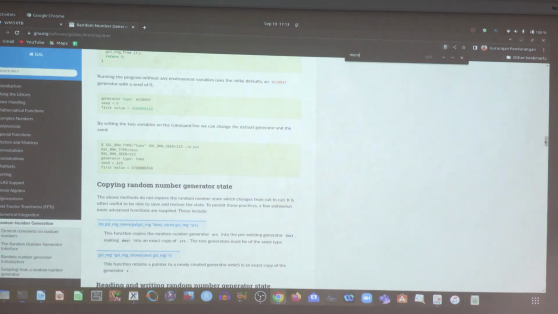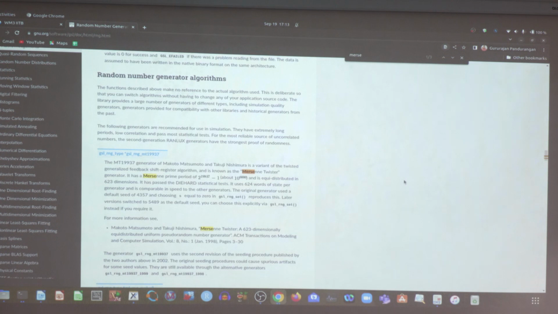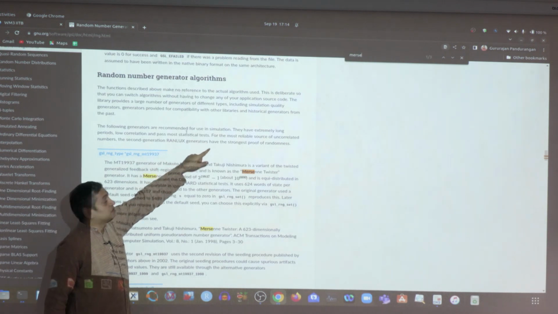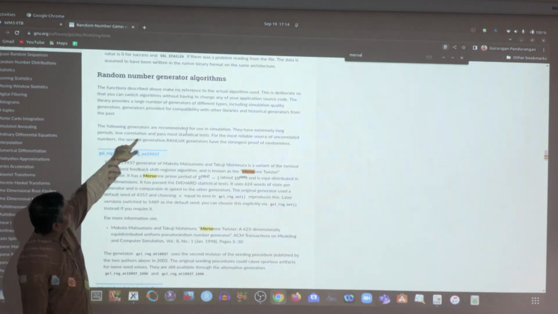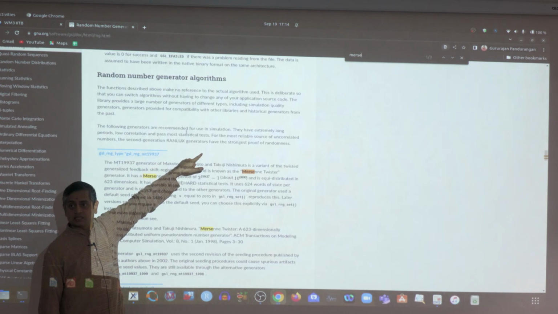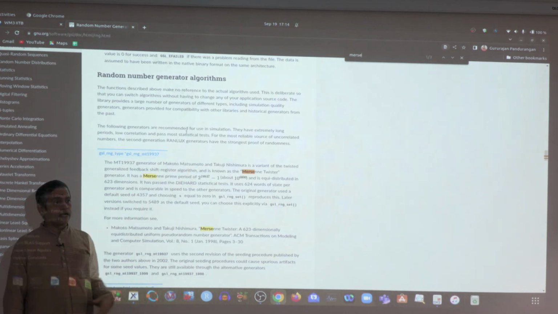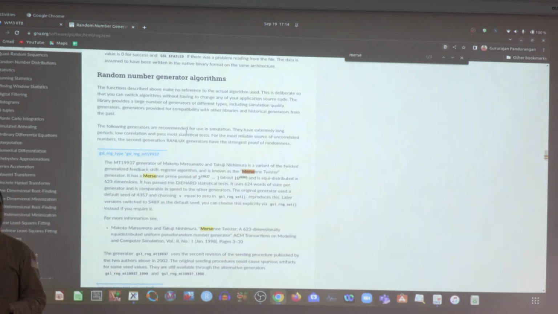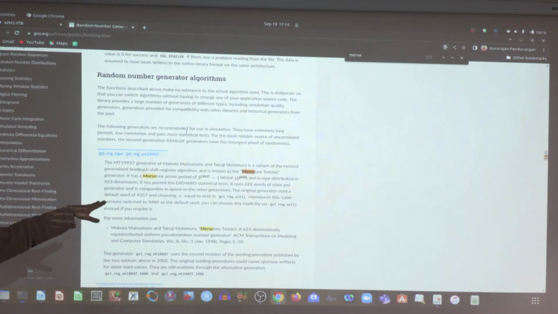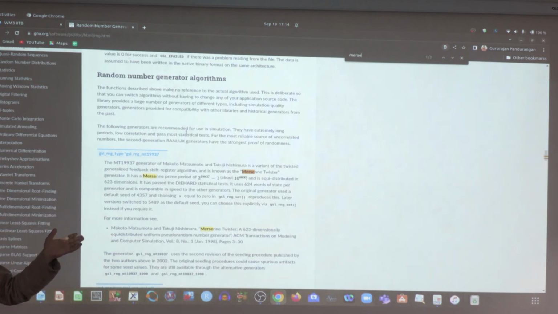Some Mersenne... you can see the following generators are recommended for use in simulation. They have extremely long periods, low correlation, and pass most statistical tests. I have seen people using some rand or whatever in C and trying to do simulations. They will also produce similar looking microstructures, you will not know, but if you do any statistics on that, it will not be reliable.